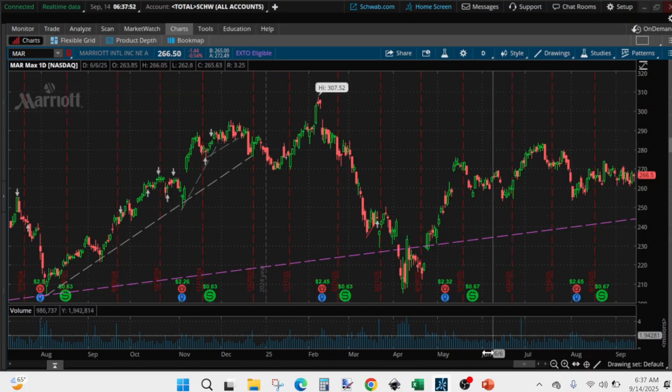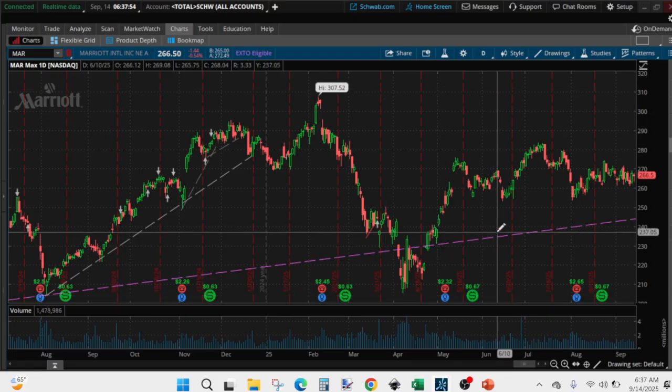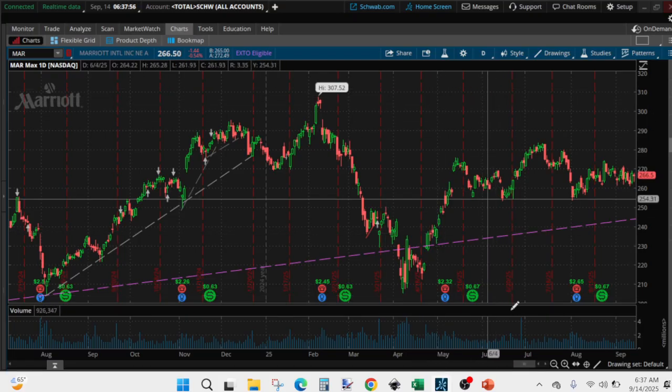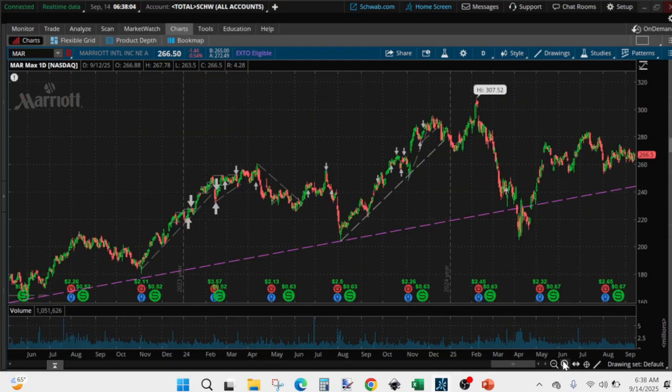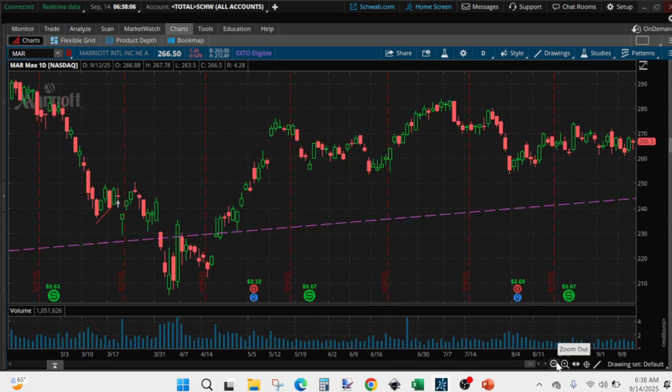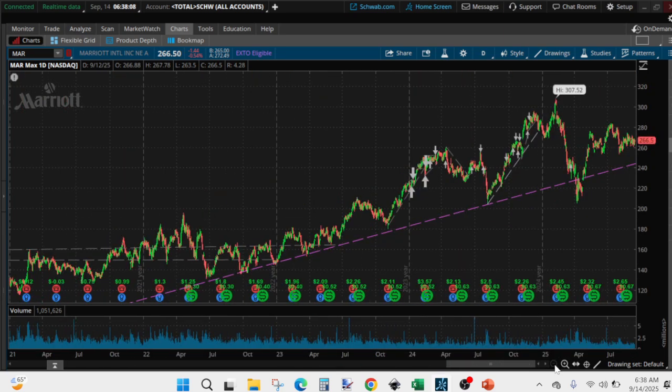And because we are using a maximum daily chart, it is showing us the highest price there because it's maximum.